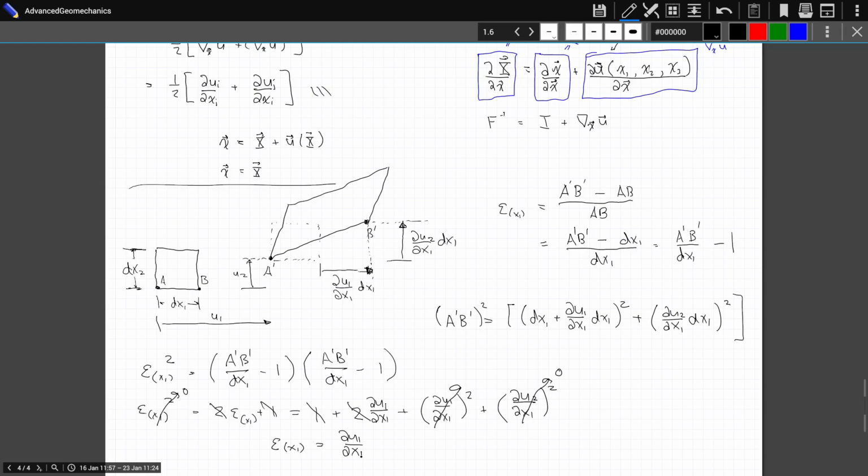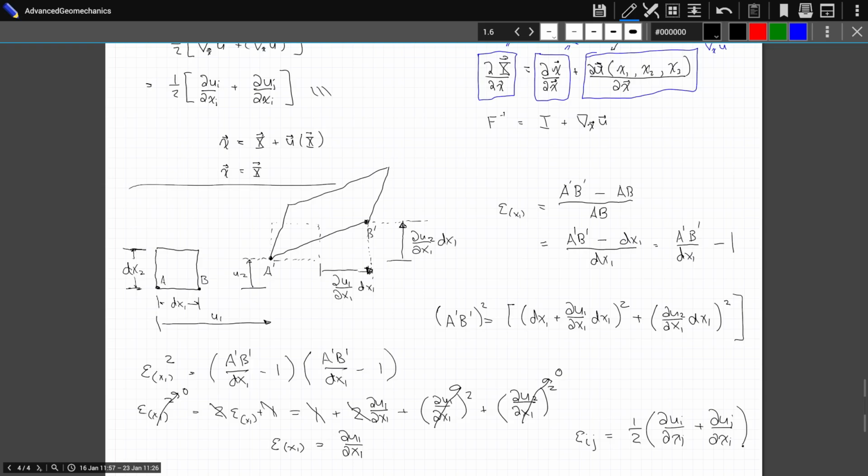But if you do that, ultimately what you get is that the strain tensor is equal to 1/2 partial UI partial XJ plus partial UJ partial XI.